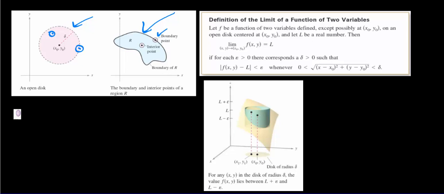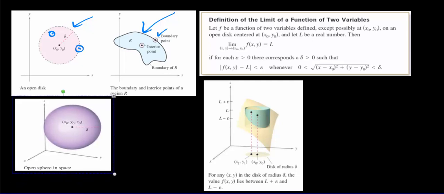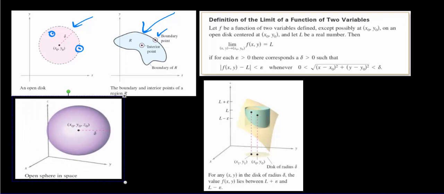Now, if we bump it up a notch, and by the way, here is just a formal writing out of the definition of a limit. And what I've done here is I've included a picture so that you'll have that. But notice we can also go up a dimension. So we can have a function f of x, y, z.